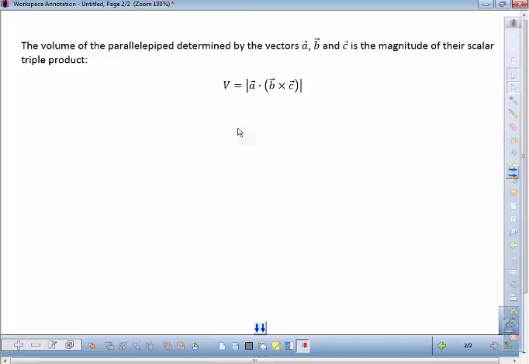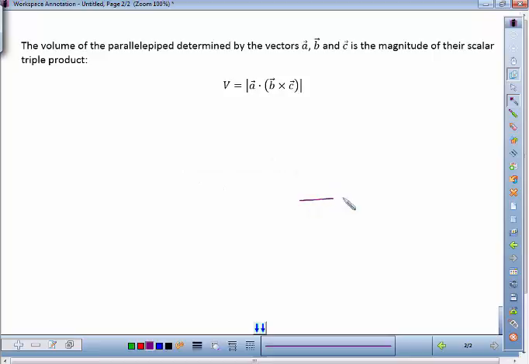And a parallelepiped is basically like a parallelogram, but it's in 3 dimensions. So not just the sides, but all the faces are parallel to each other, and then it gets enclosed. And sometimes this is called the triple product, or the scalar triple product.